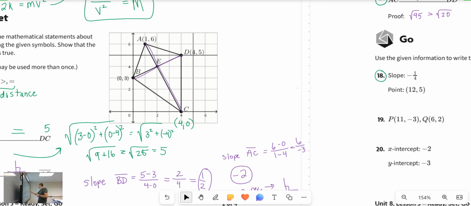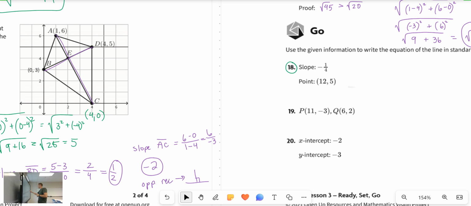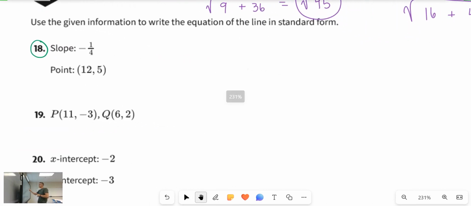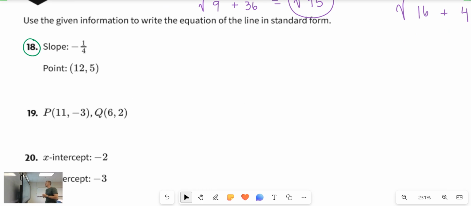So let's move on to the go. Use the given information to write the equation of the line in standard form. Our slope is -1/4, and a point that we have is 12, 5.